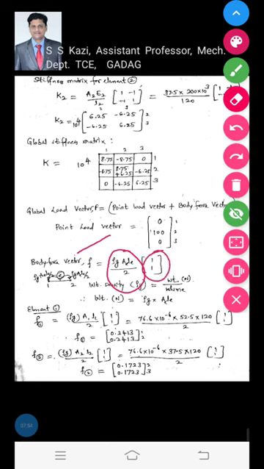Okay, now let us generate the body force vector for element 1 by substituting the data: rho g A1 L1 by 2, into 1 1. Now what is rho g? Rho g is the weight density. The given value is already in terms of weight density, that is in Newton per mm cube. If it were given in kg, then you should convert it by multiplying by 9.81.